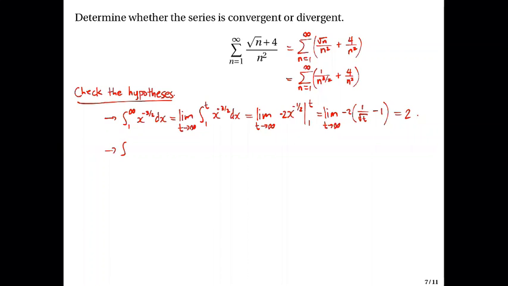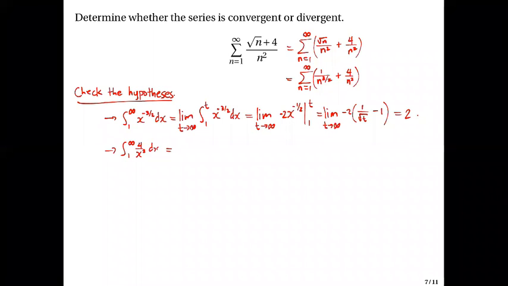For the other guy, same process. You have the integral from 1 up to plus infinity. In fact, maybe you could have combined them into a single integral. But anyway, you have 4 over x squared dx.